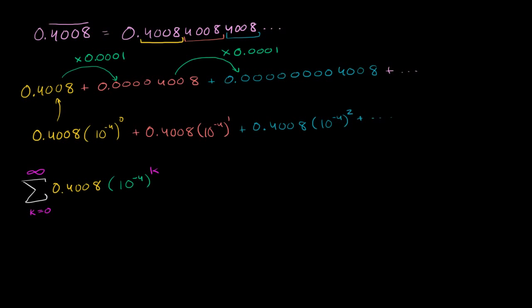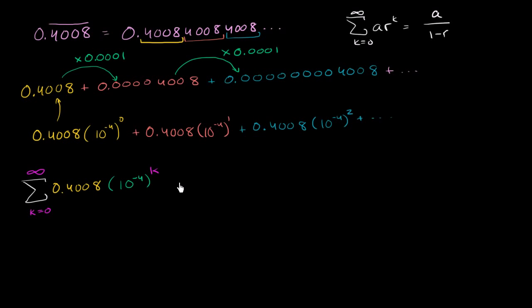We've already derived in previous videos that if I have a series like this, k equals 0 to infinity of a r to the k power, then this sum is going to be equal to a over 1 minus r. We've derived this in several other videos.